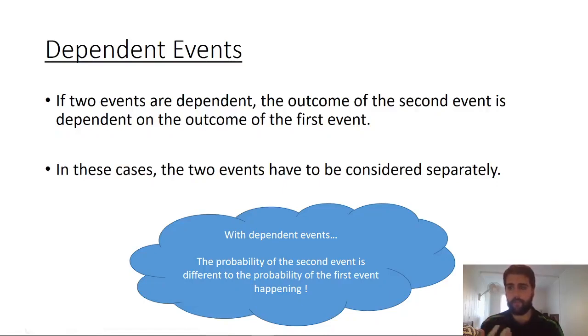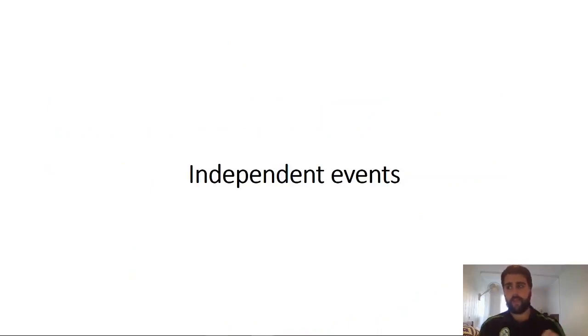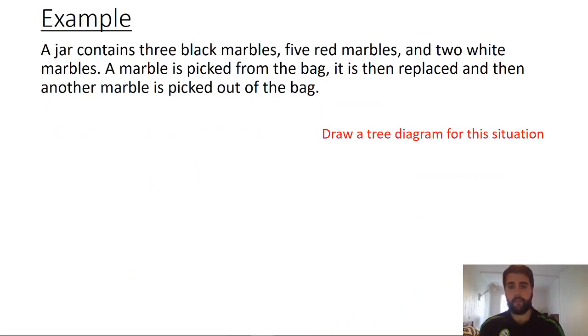It's going to change some probabilities of your second event. And to look at this more clearly, we'll look at an example of independent events and of dependent events and how they're different. So guys, in a previous video, we looked at independent events.